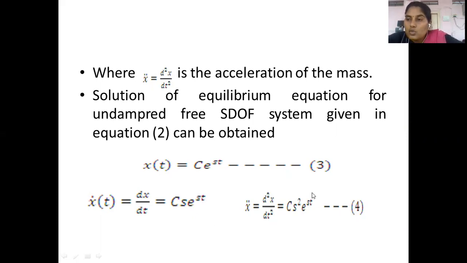Okay, both these parameters, x dot and x double dot, we have to put into equation number 2. So I request all of you, please write down these parameters, and then we'll move to the next point.